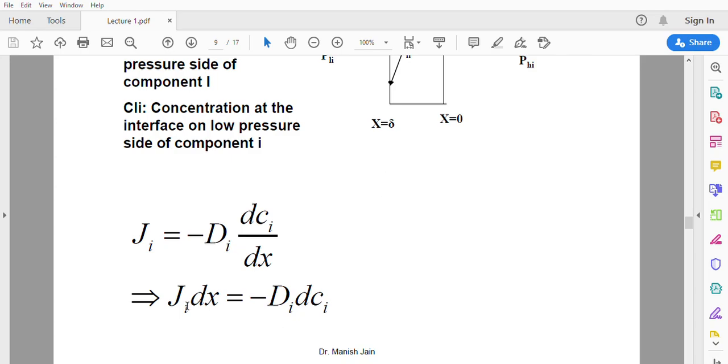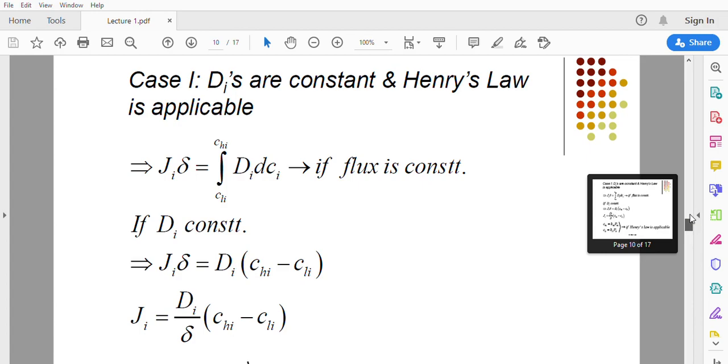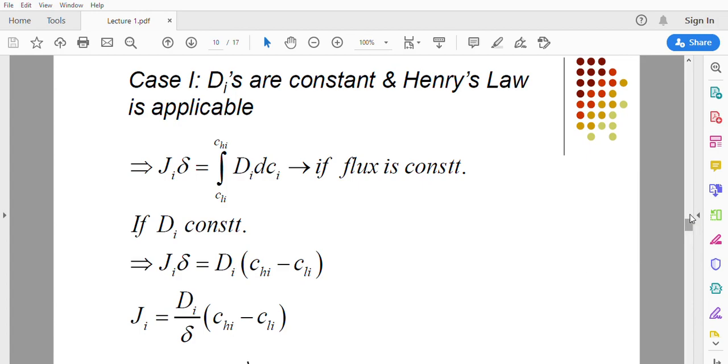Okay, so you can write this equation in the integral form. Now we will solve this equation for different cases. In the first case, the diffusivities of the different components are constant and Henry's laws are applicable.